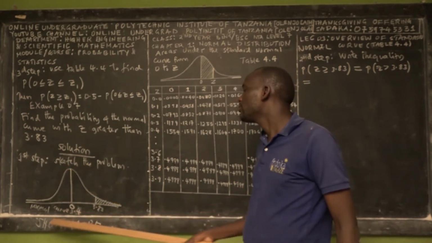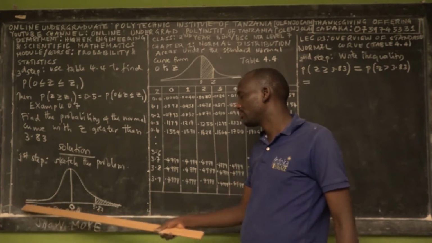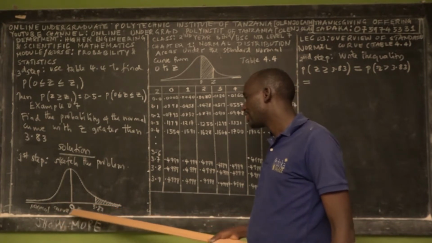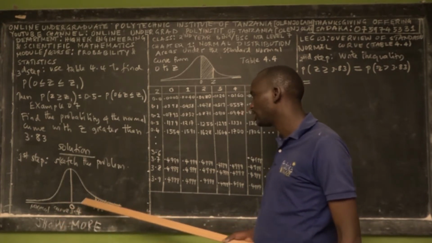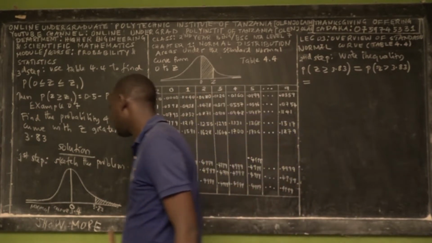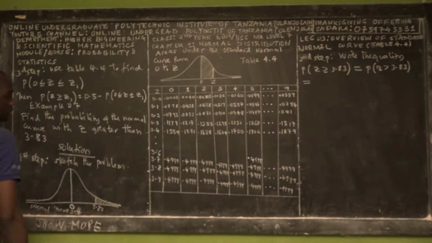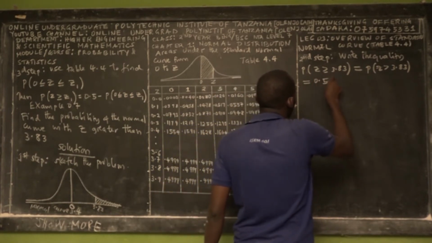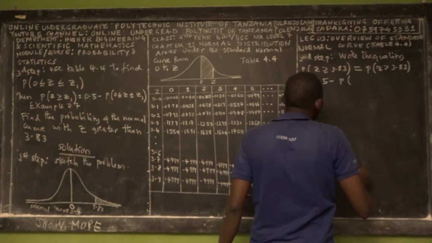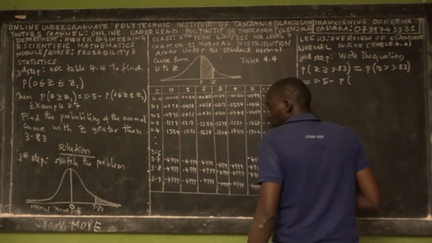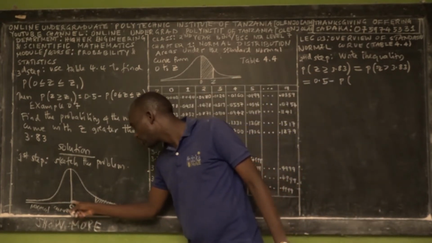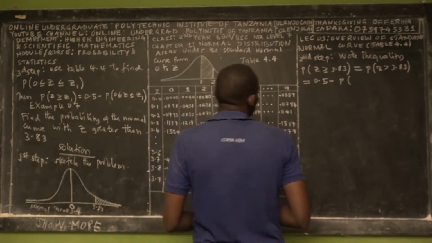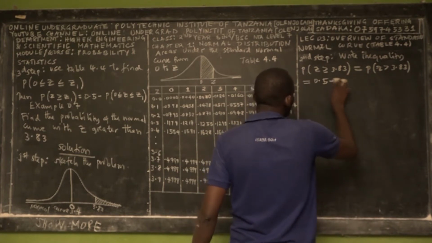The area from z equal to negative infinity to z equal to 0 is 0.5, and the area from 0 to positive infinity is also 0.5. Remember that. So this is 0.5 minus probability of 0 less than or equal to z less than or equal to z1, meaning 3.83.